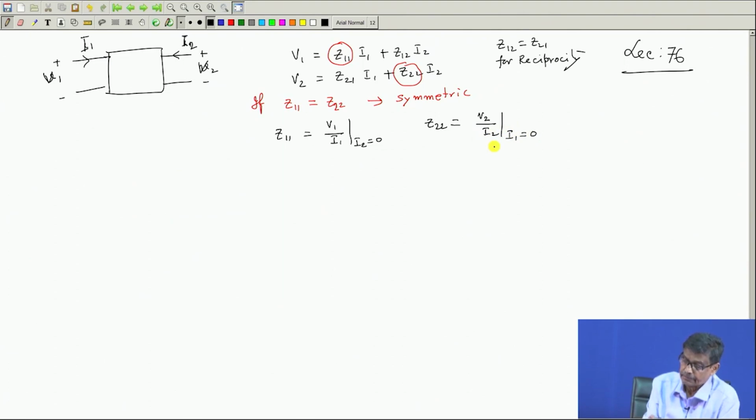If these two ratios are the same, with the other port open circuit, then the network is symmetrical.